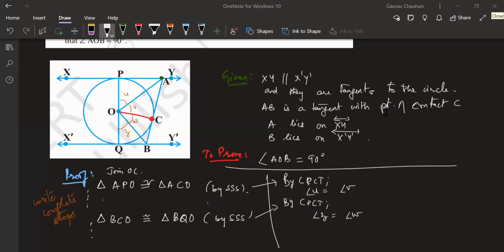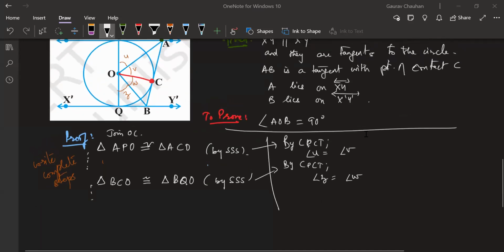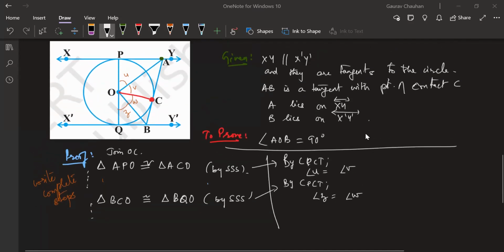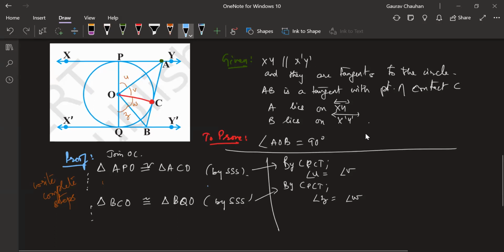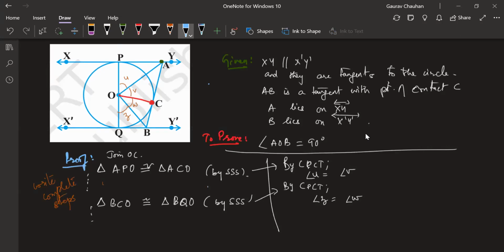All right. Now what I'm thinking is all of this is fine. We've already reached close to the angle. But what do we know about this whole angle? Do we know anything about these angles which will help us manipulate and go ahead?